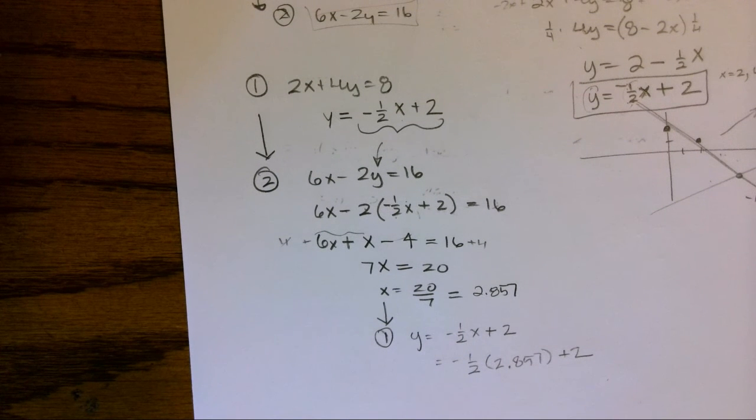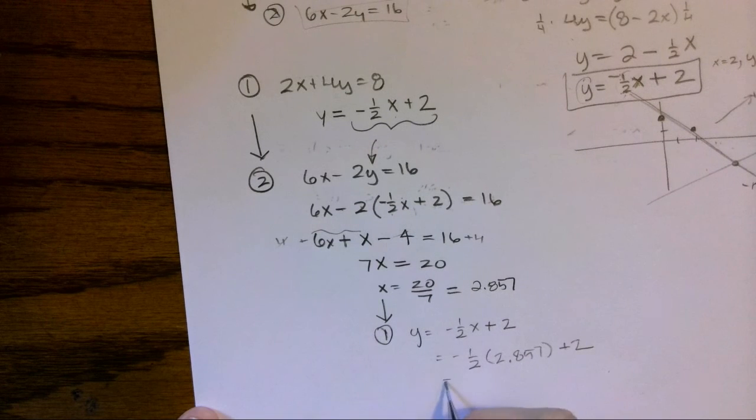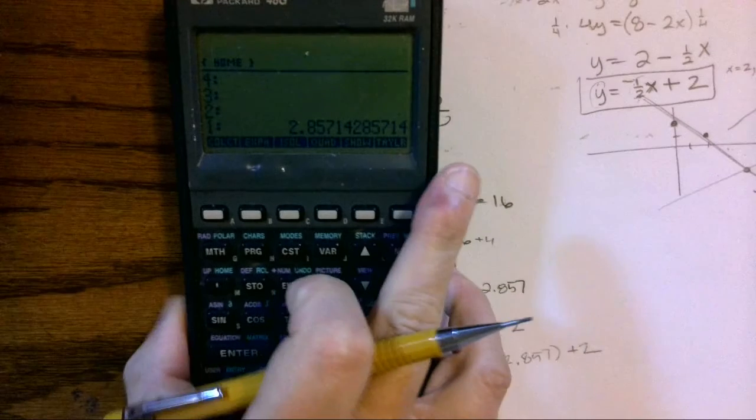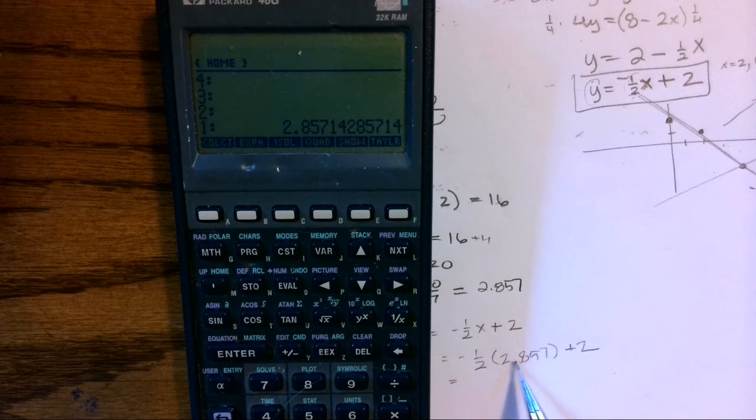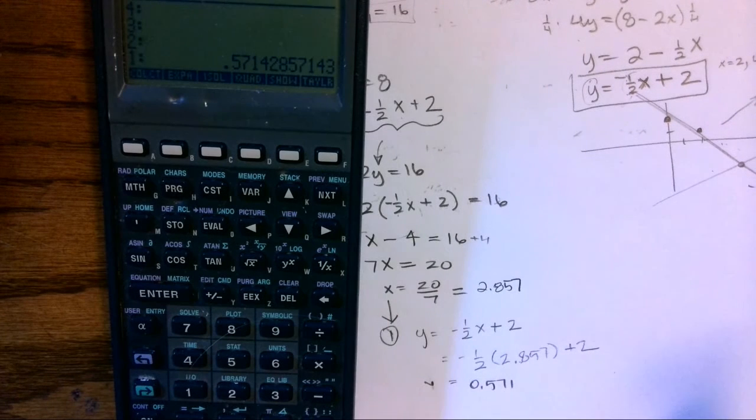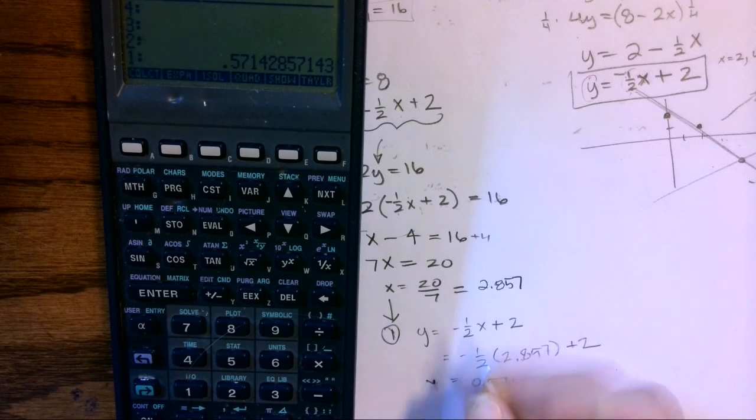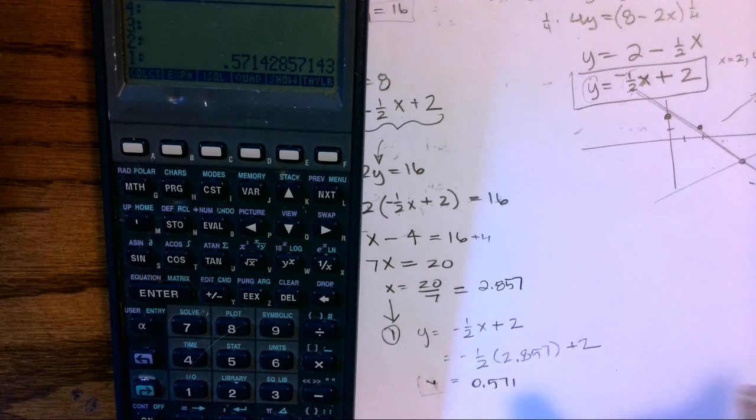Let's get our calculator out. I have 2.857 times negative 0.5, add it to a 2, and I get 0.571. Okay, so this is what I get for my solution. I'm sorry I'm having pencil trouble. That's par for the course.